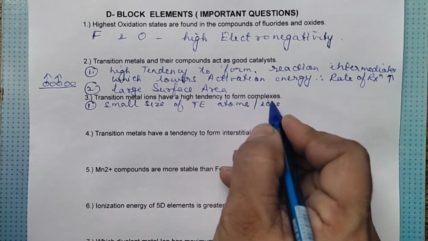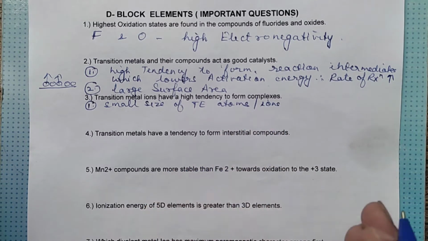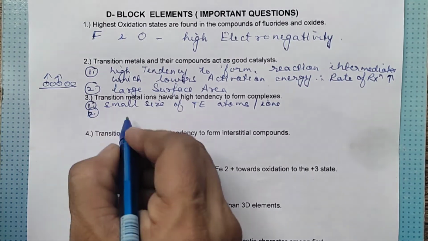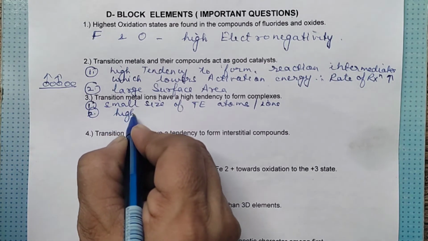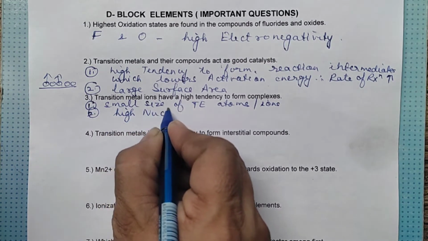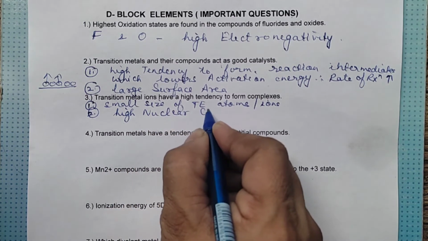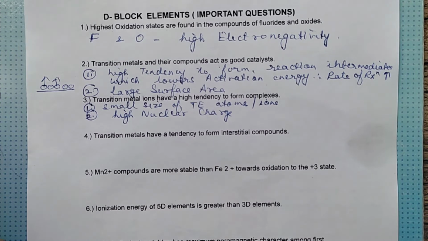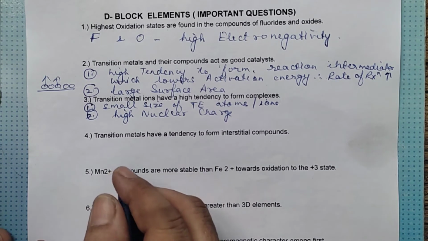They have small size, so when they are having small size, they can get coordinated with the ligands, the surrounding ions easily. The second point you can write is high nuclear charge. Because of high nuclear charge, they are having high positive charge. So onto the positive charge, the ligands or the surrounding ions, they can give the electrons readily.